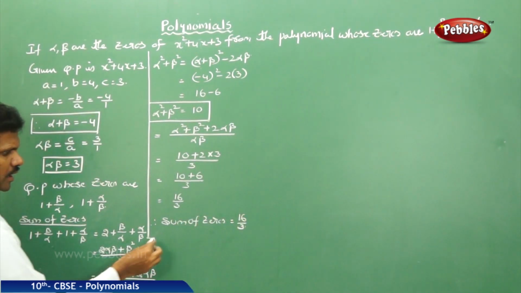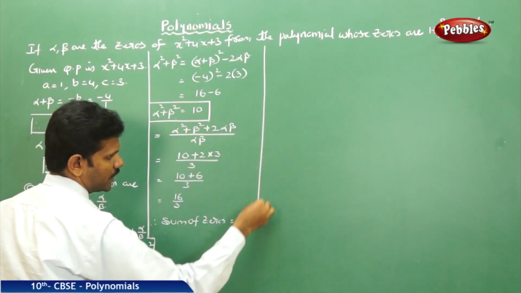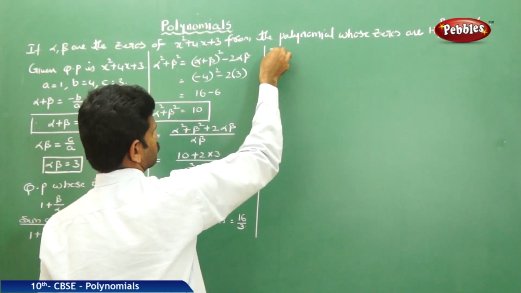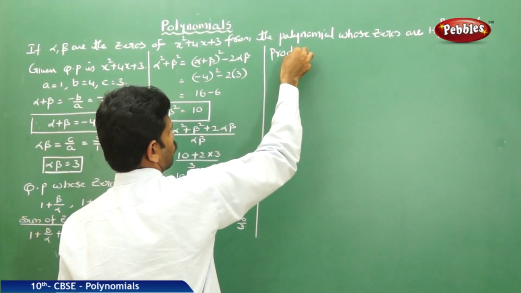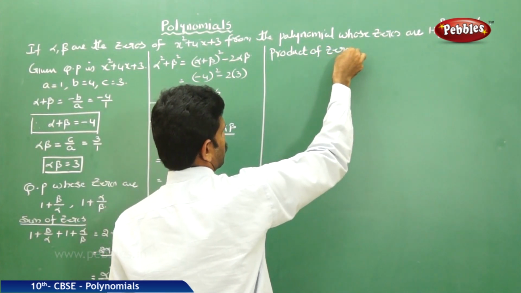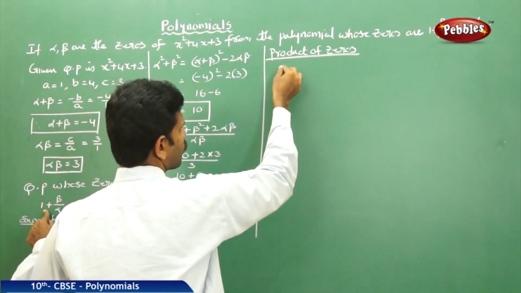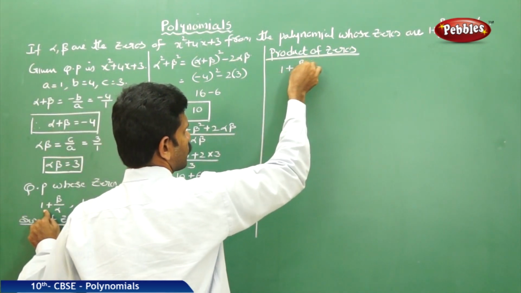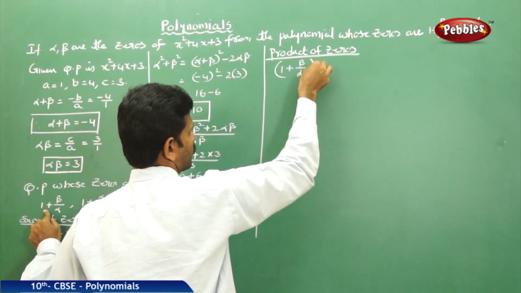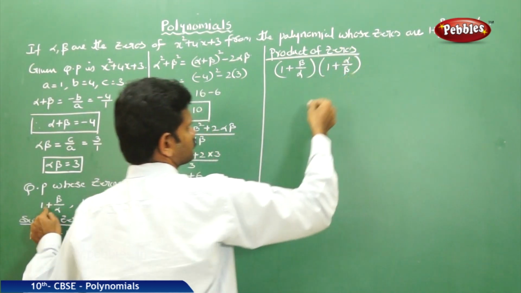Okay, next I have to find the product of zeros. What are my zeros? 1 plus beta by alpha into 1 plus alpha by beta.